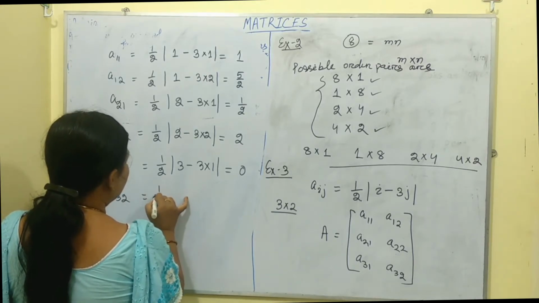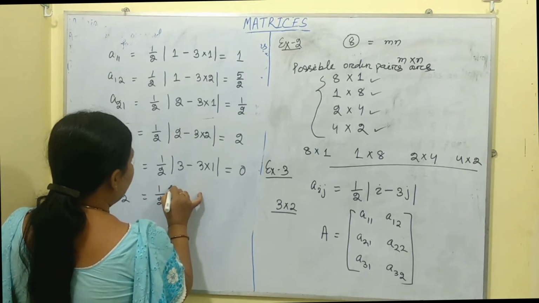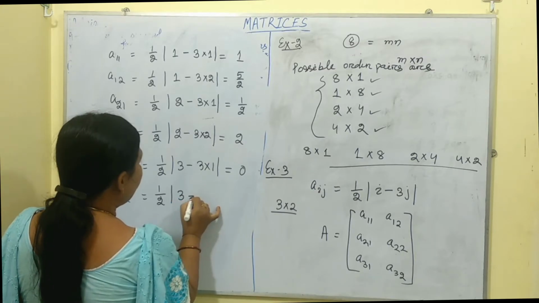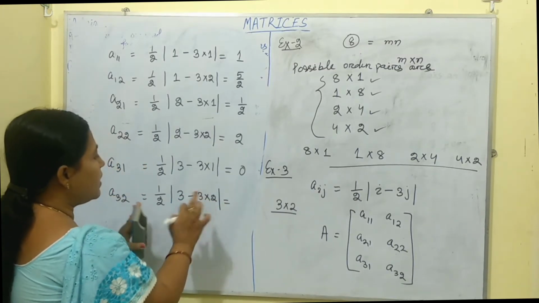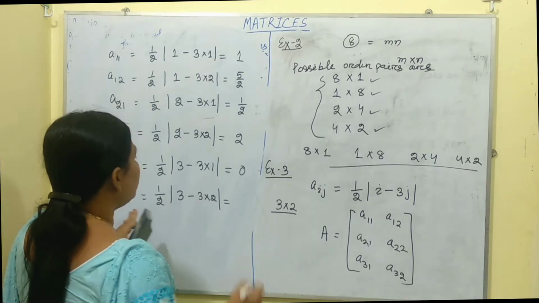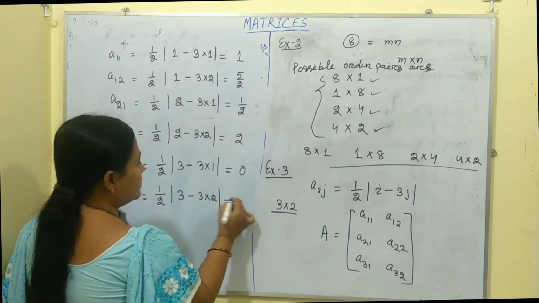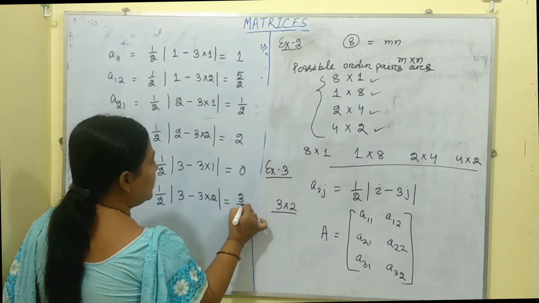A32 is equal to half into modulus of 3 minus 3 into 2, that is 3 minus 6, which is minus 3. The modulus of minus 3 is 3, so 3 by 2.